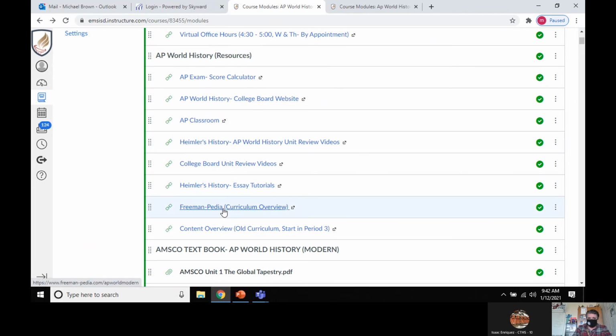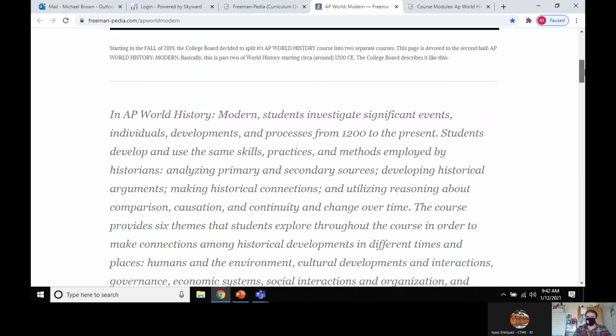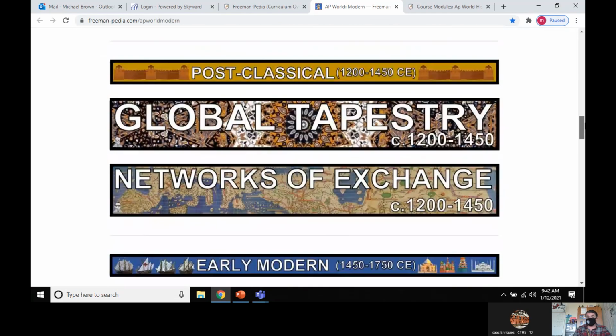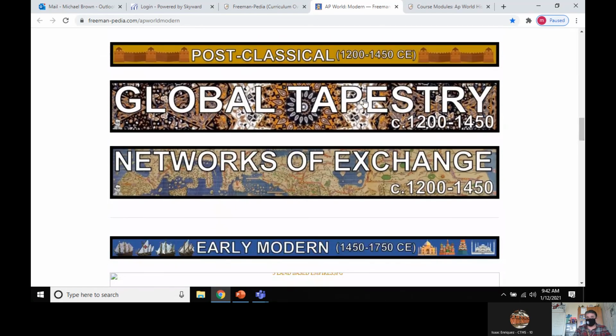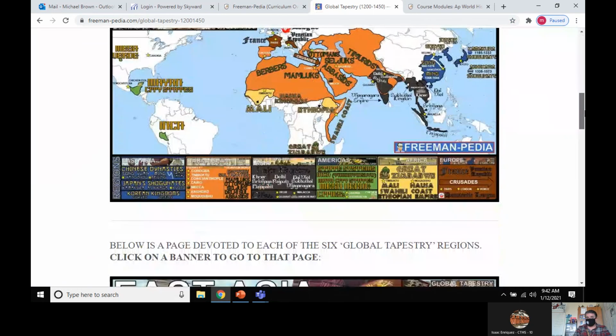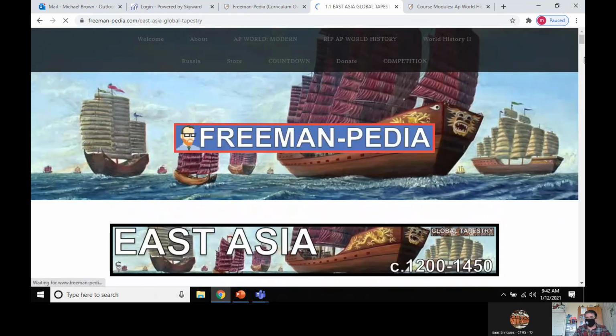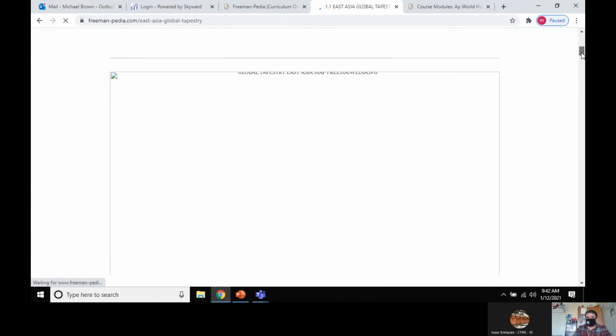Also, the other thing that I'd recommend, this Freemanpedia curriculum overview. Give it a good once over. Again, they do have it divided up into units, and then they have it divided up into subsections. That's where I got a lot of those maps from. But again, you could go to like the global tapestry. Then they'll tell you who all's around, and divide it up into different geographical areas for you.